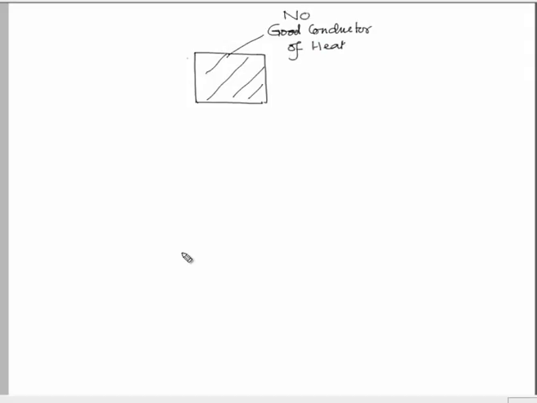In some cases, say for example, suppose a product is like this and this material is not a very good conductor of heat, then what will happen?